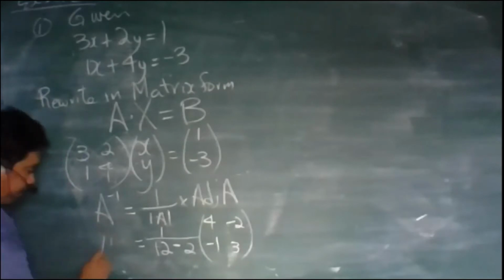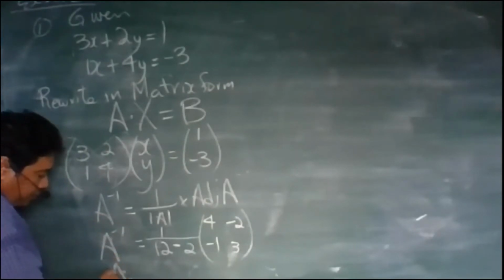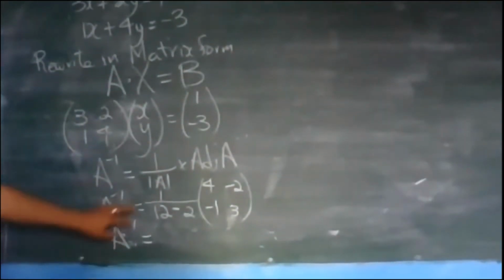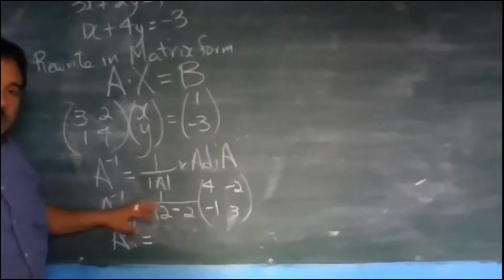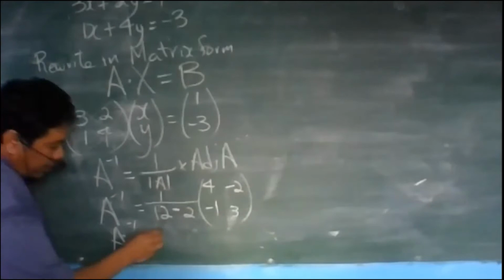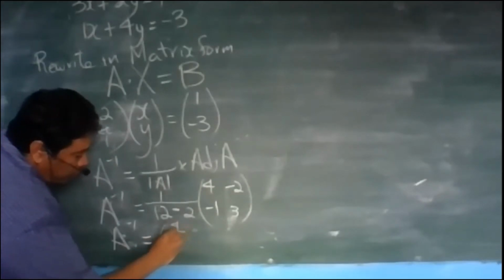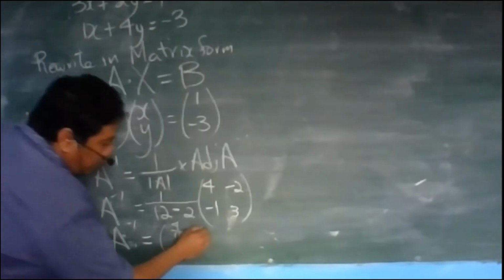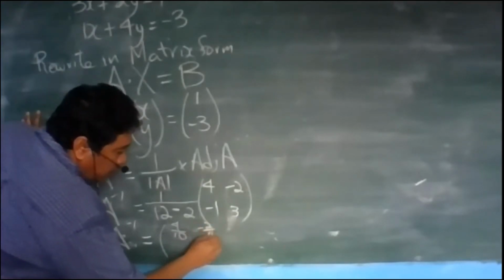So basically, we have 1/10, because 12 minus 2 is 10, so 1/10 times this. 1/10 times 4 is 4/10. 1/10 times negative 2 is negative 2/10.